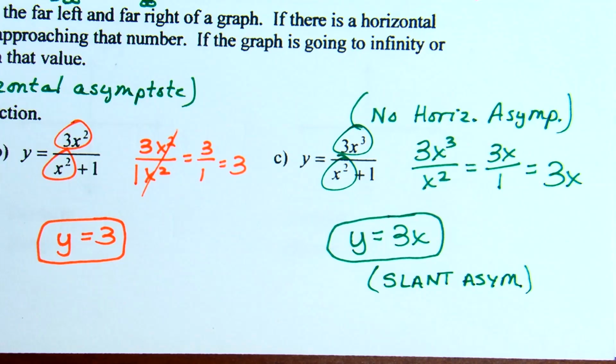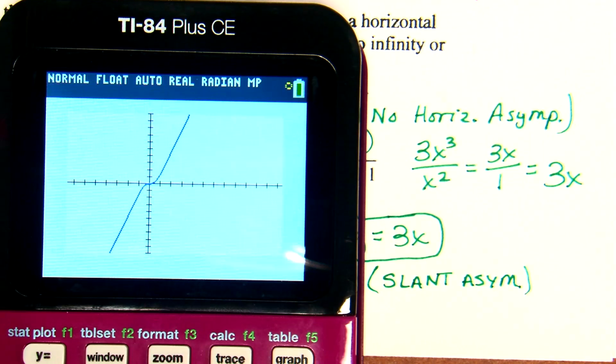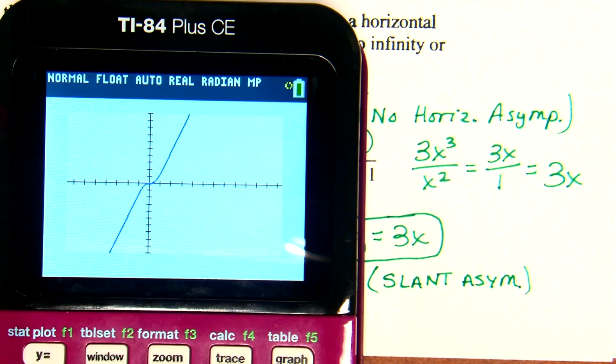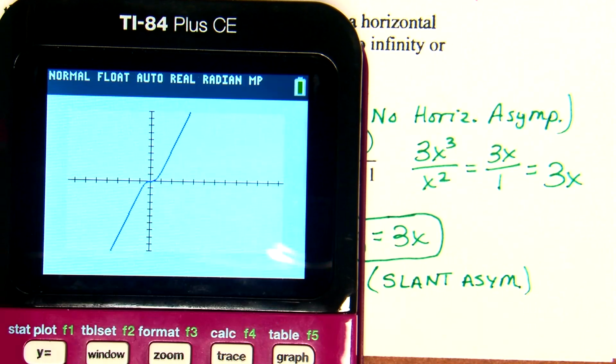So, do you see that diagonal slant going on? As our x values are getting smaller and larger, going out in the ends, where are our y values going? Well, they're running alongside that diagonal line, y equals 3x. Just so you can see, let me graph the line y equals 3x for you. Zoom 6 and recenter this.